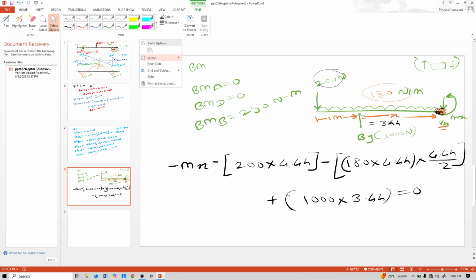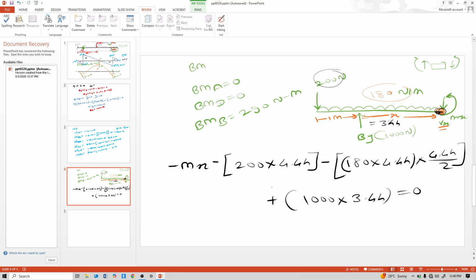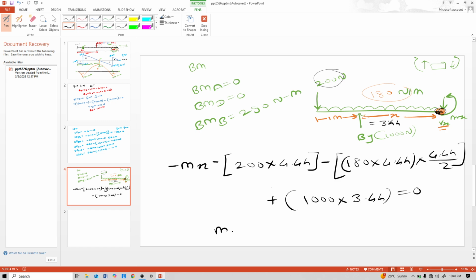So Mx is equal to minus 200 into 4.44, minus 180 into 4.44 into 4.44 by 2, positive 1000 into 3.44.